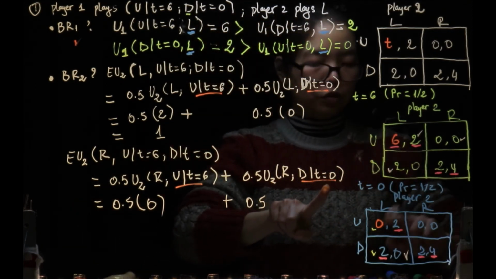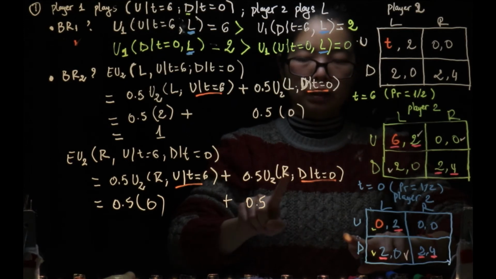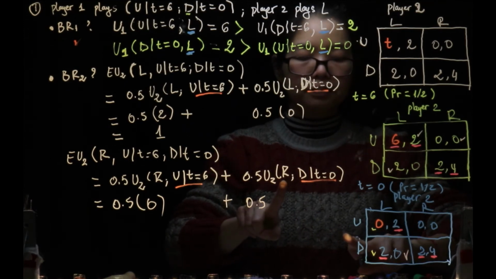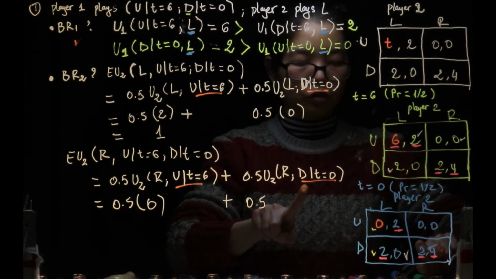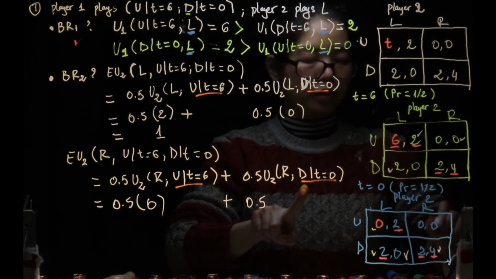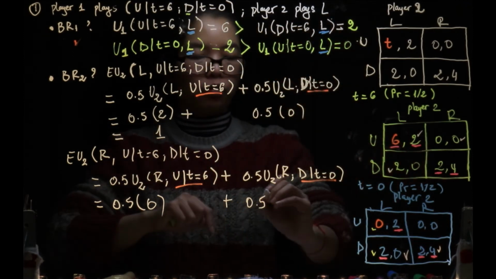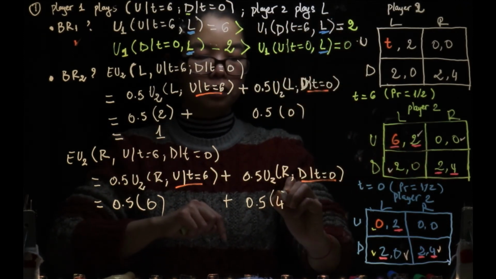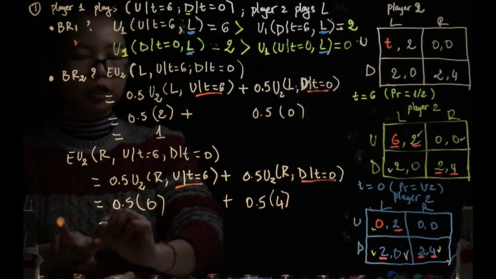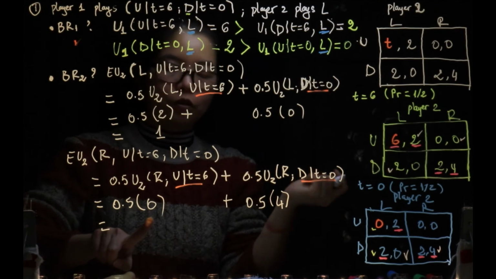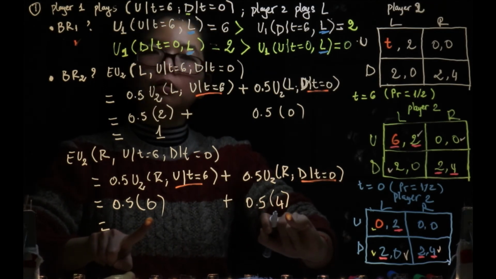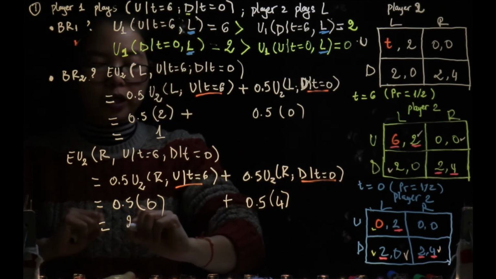Now t is 0, last table, right, second column, down, second row, payoff of the second player, so 4. So the result will be 0.5 times 0, 0, plus 0.5 times 4, 2. So at the end we have 2.